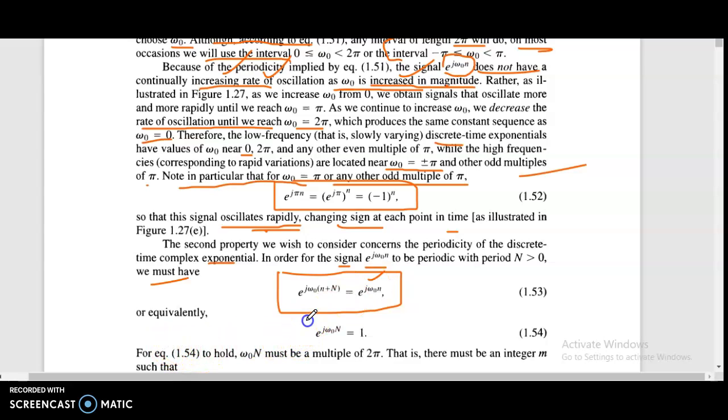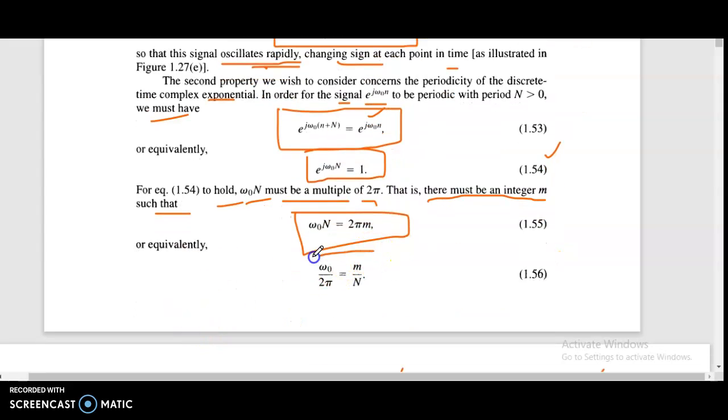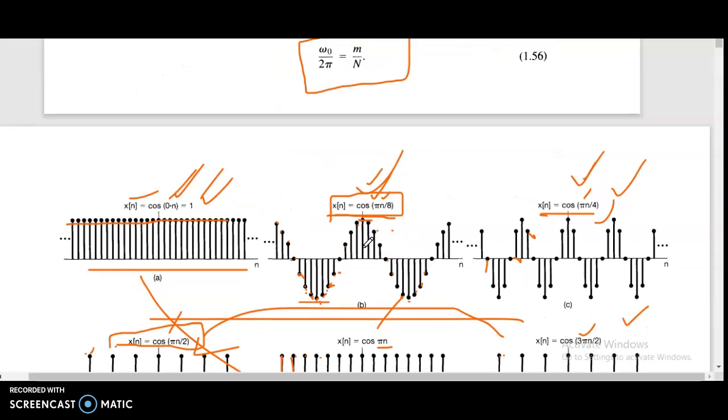Equivalently, e power j omega naught N must equal 1. For this to hold, omega naught N must be a multiple of 2 pi. That is, there must be an integer m such that omega naught N equals 2 pi m, or equivalently omega naught over 2 pi equals m divided by N.